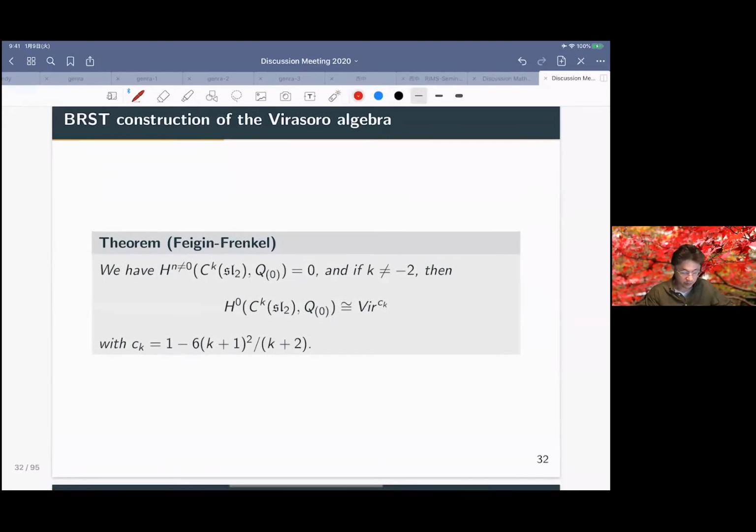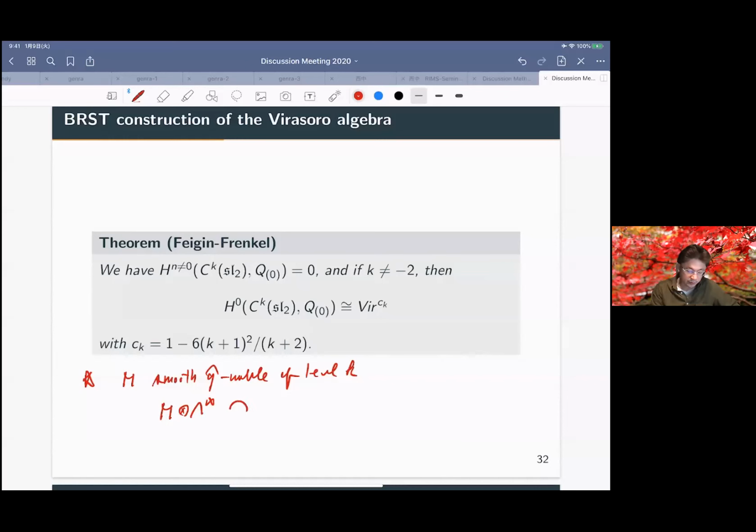So maybe I will not talk much more about this. What is nice about this construction is that it is functorial. If you have any smooth g-hat module of level k, you can consider this tensor product.